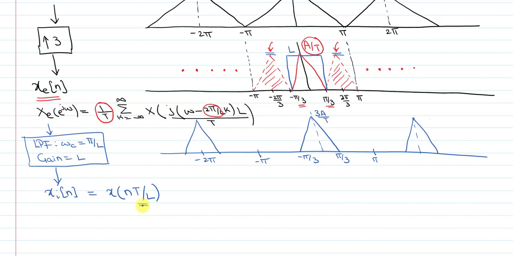So this example basically highlights how you actually combine your upsampler with a low-pass filter to get real interpolation. So let's recap the derivation.